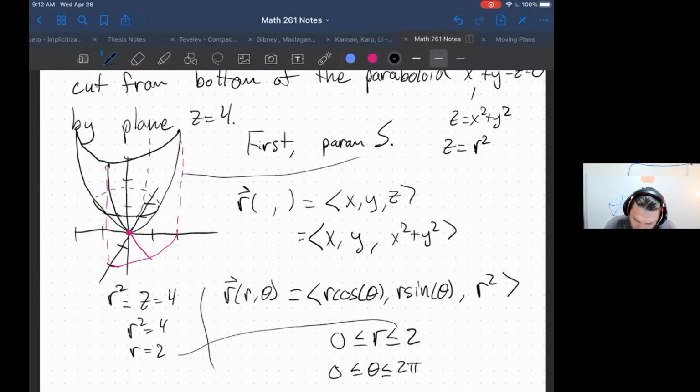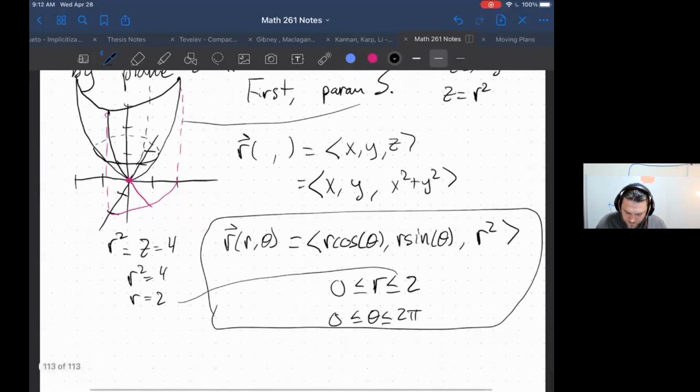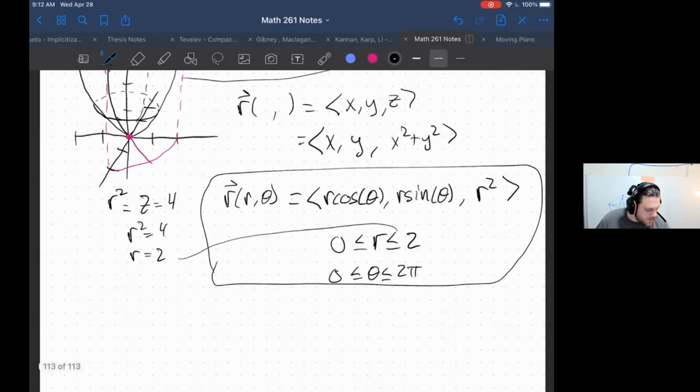Okay, so we have another example where we have r and theta as our two variables for this surface. And now what we need to do is find the surface area. So let's just write it down again. The surface area is a double integral over the region, and this is again in terms of u and v.